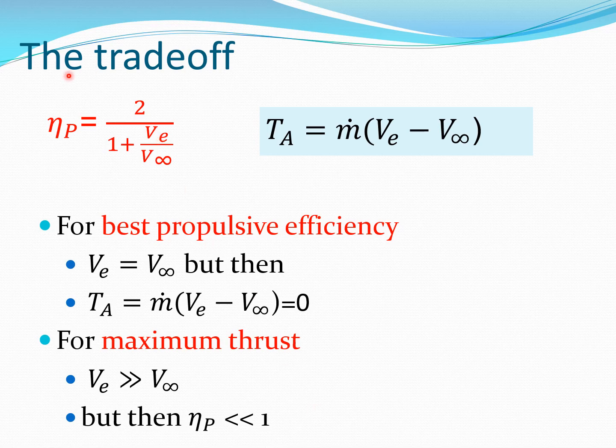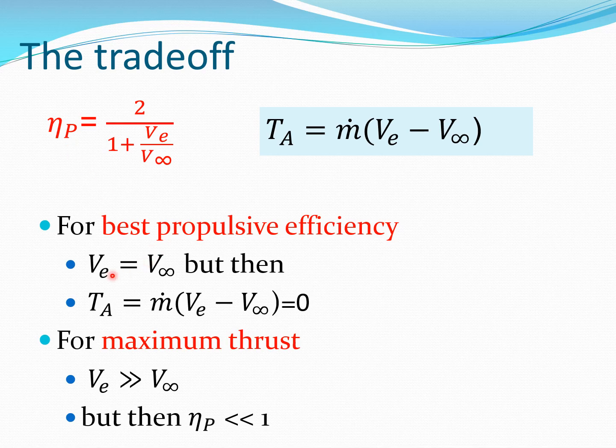So let us take a look at this equation and try to understand some aspects of it. We can immediately see that if we want the best propulsive efficiency, then VE equals V infinity is the good point, because at that point VE by V infinity would be 1, so you would have 2 by 2, and then your efficiency would be 1, which is the best possible value, or 100% propulsive efficient.